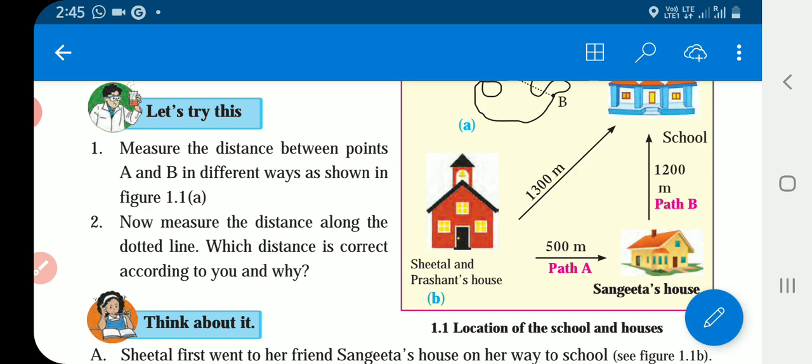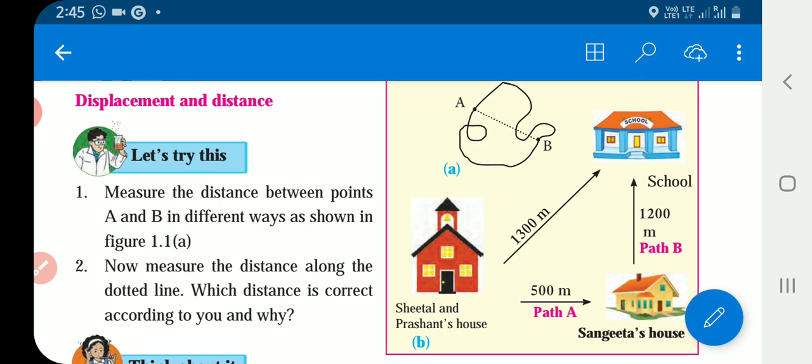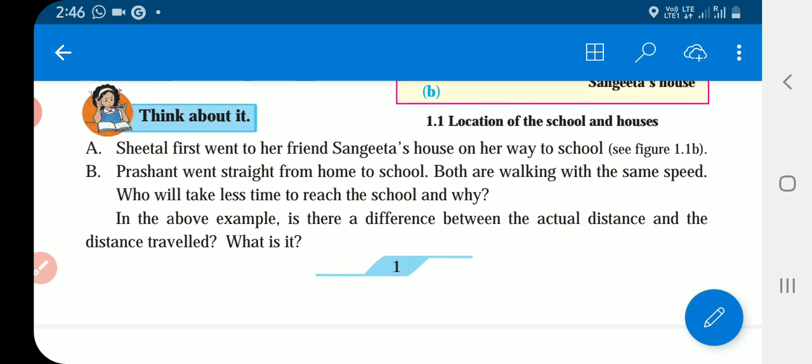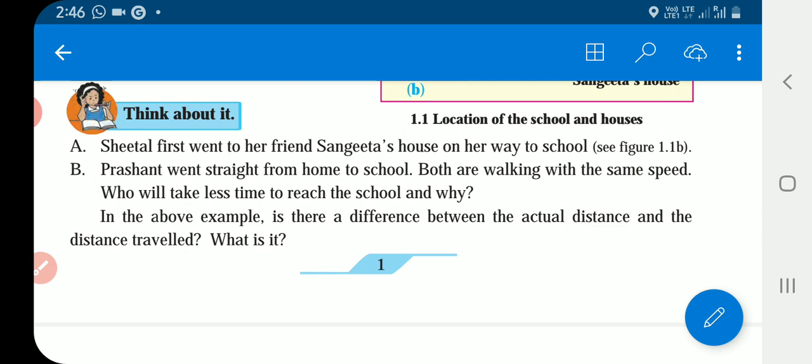Here is the activity given. Measure the distance between the 2 points in different ways. Measure the distance along the dotted line from A to B. You can calculate this distance from A to B. See here, Sheetal first went to her friend Sangita's house on her way to school.